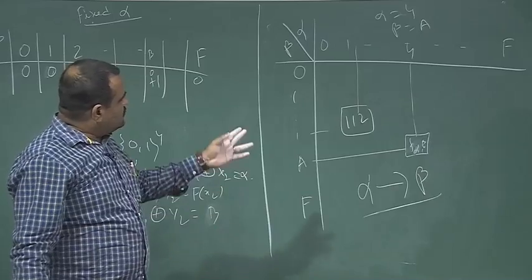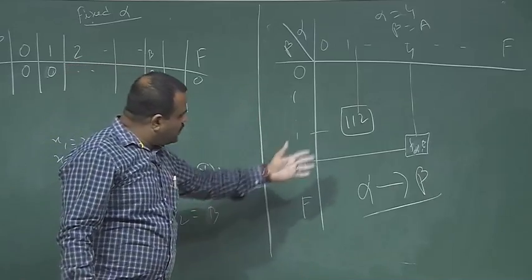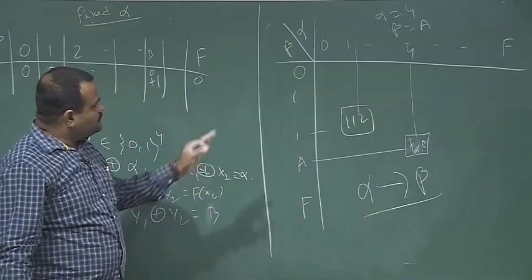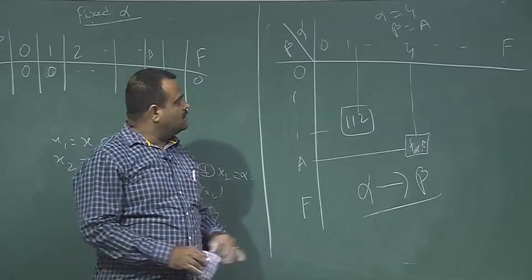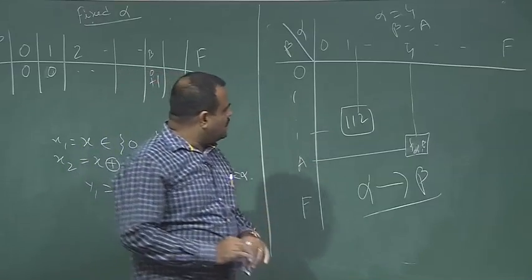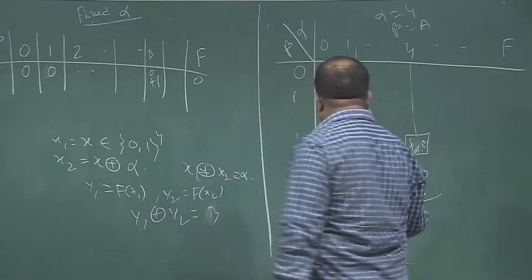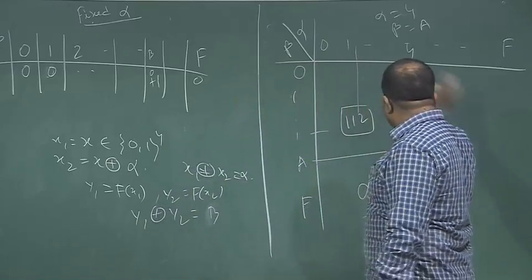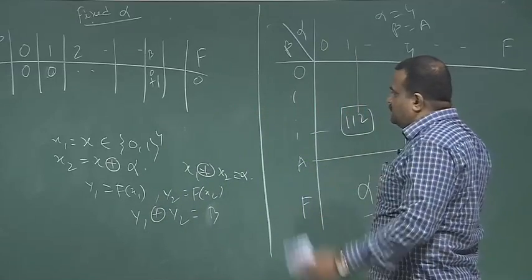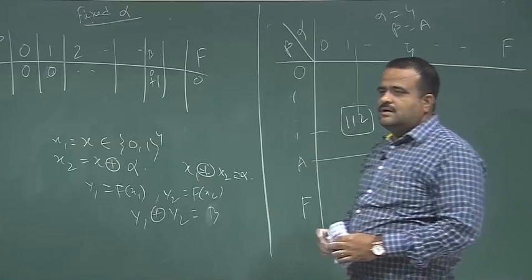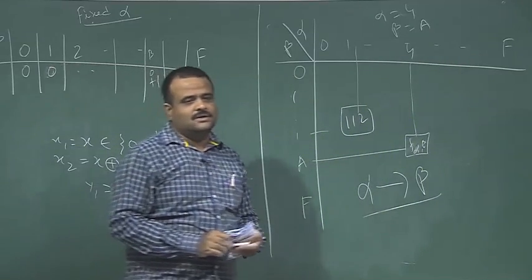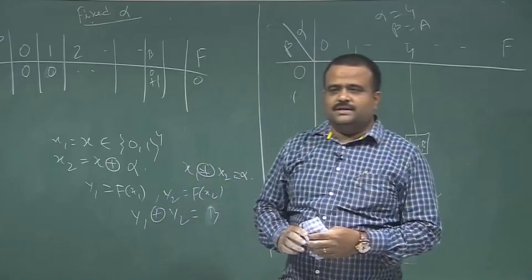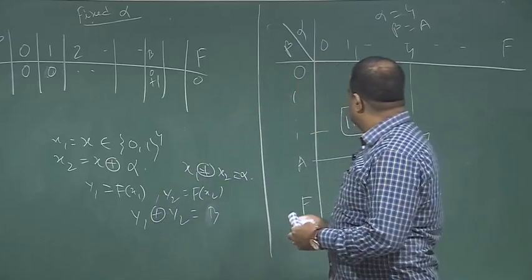Okay, this is the way we can find alpha beta, and only if such an alpha beta exists can we mount the differential attack, otherwise not. If all the values of this table are similar, then no such alpha beta exists in the F, so this block cipher cannot be attacked by differential cryptanalysis.